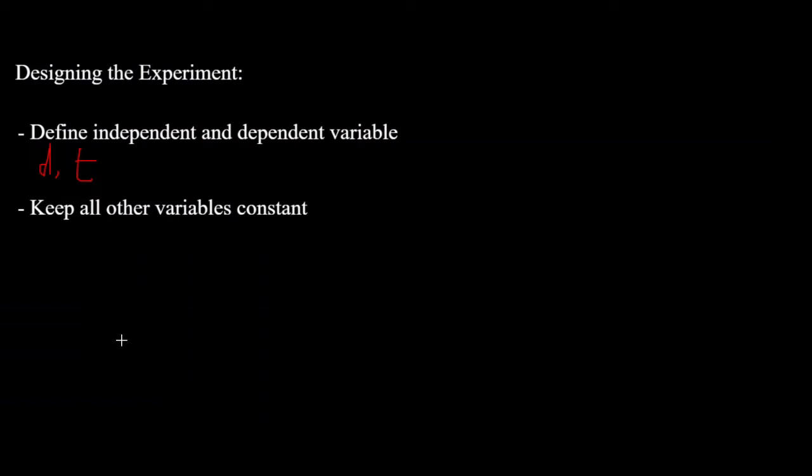For example, if we're rolling a ball on the floor, the surface that we're rolling it on has to be the same because yes, that is friction, but we have to understand that different types of floors might affect our experiment. So that's specifically what we're keeping constant. And another example could be that the ball we are using is the same because their weights could be different. So those are some variables that we're keeping constant in our experiment.